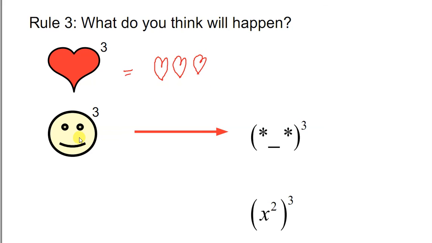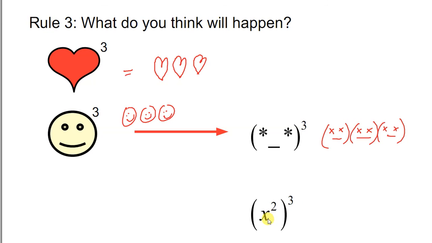Correct? And happy face to the third would be happy face, happy face, happy face. Good. So what would this be to the third? Well, this would be this kind of goofy, right? Because to the third just means, hey, write it out 3 times.